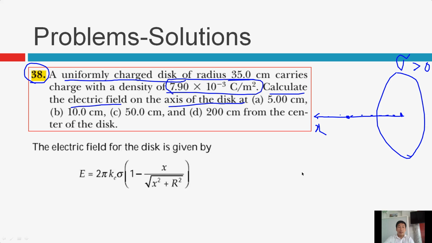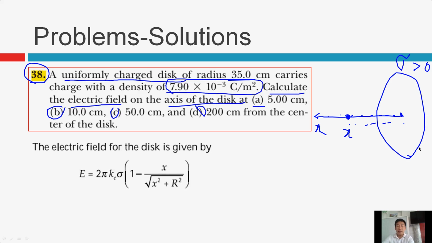And they give you many distances, actually the distance A, B, C, D. If we find the general formula for the field from here to here is S, you can substitute S to the formula, and you can answer the question A, B, C, D. So in this problem they just ask you how to calculate the electric field at S in acceleration.